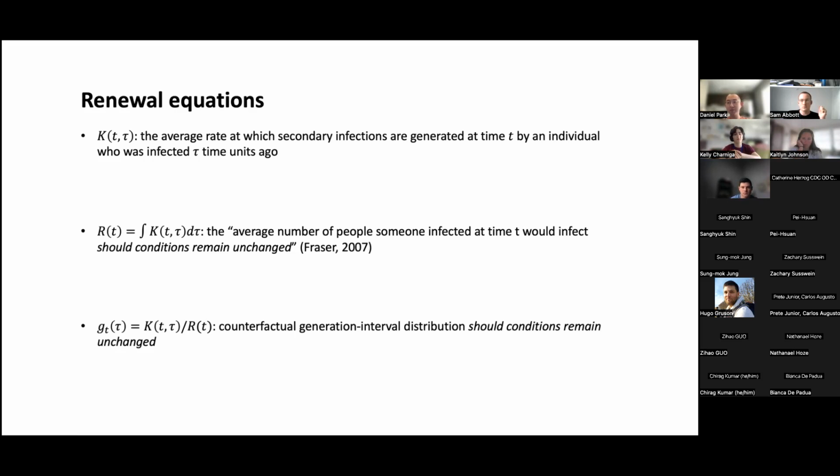I didn't put in the mathematics, but you can show that if the conditions actually remain unchanged, this is going to be the realized generation interval distribution we see. And the intrinsic generation interval is a special case of this instantaneous counterfactual distribution.